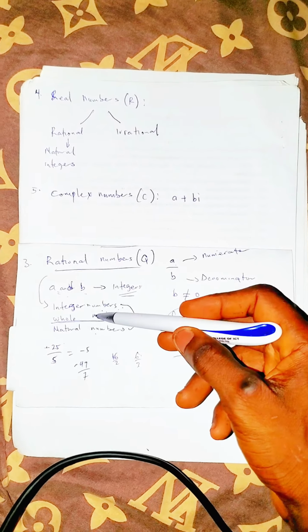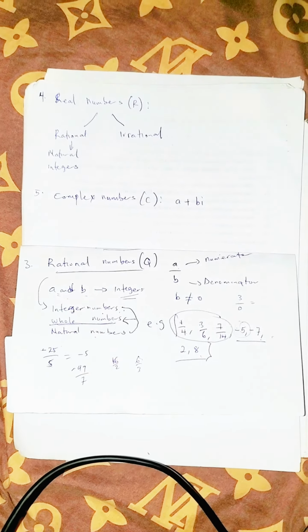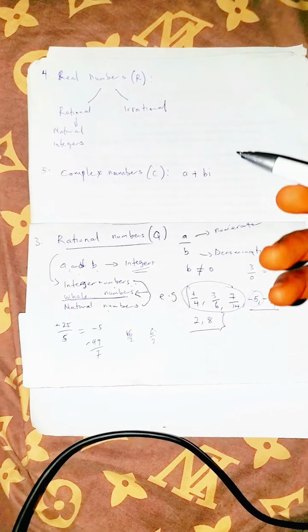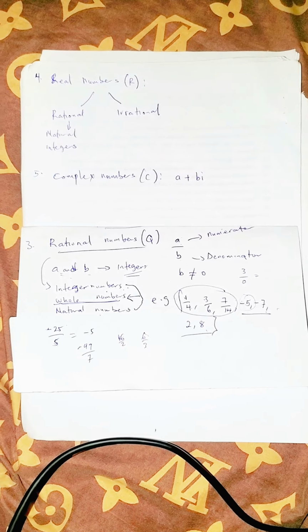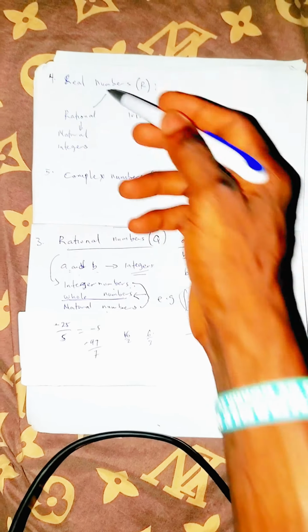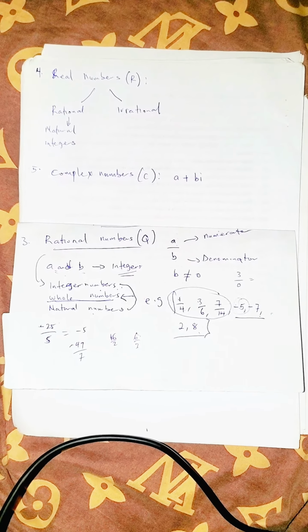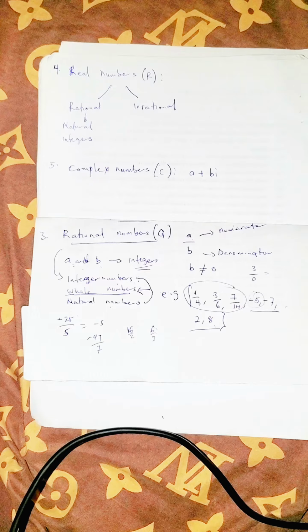I told you that it comprises integers and also natural numbers. If you check this very well, you observe that I told you that the real numbers comprise rational numbers and irrational numbers. What is rational numbers?